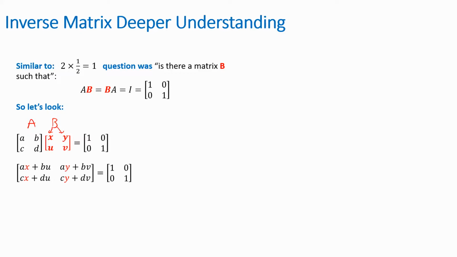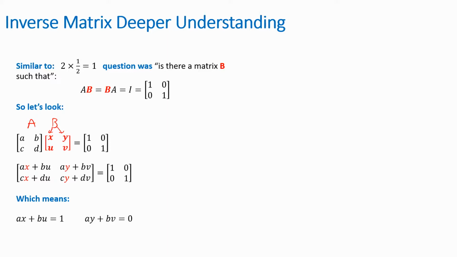Why is this nice? Because we all talked about Year 9 mathematics linear equations. This is the same thing as saying this entry, row 1, column 1, has to equal row 1, column 1 over here. It's like rabbits and shop A, the one I tried to explain last time. This is row 1, column 1, so these two have to be equivalent. So if I write it all out, AX plus BU has to equal 1.